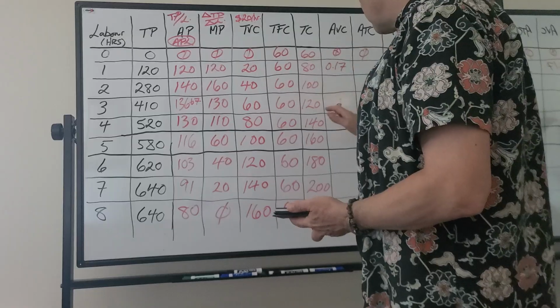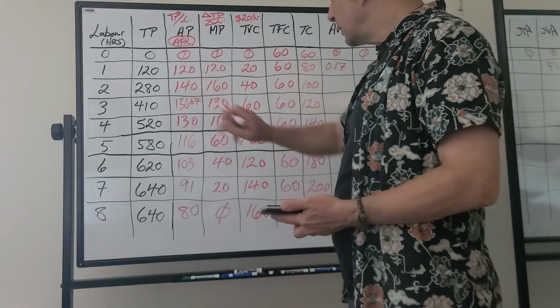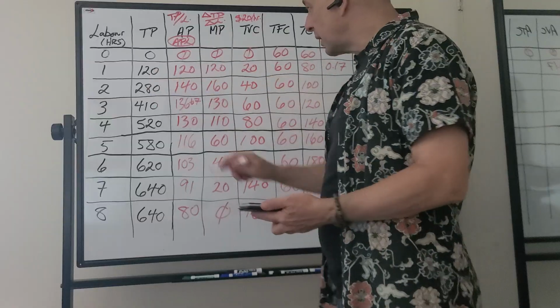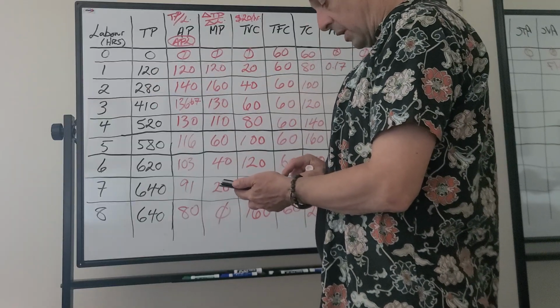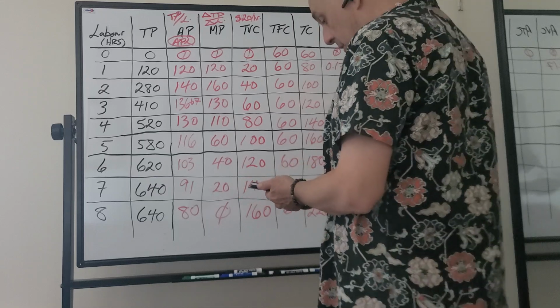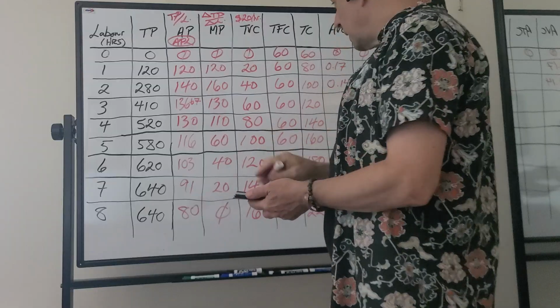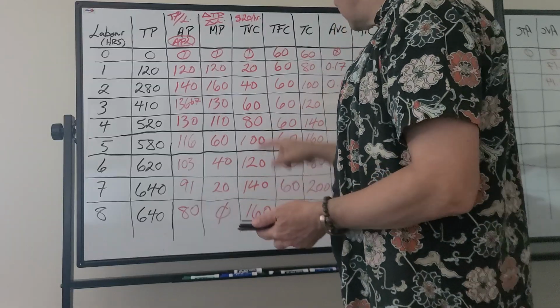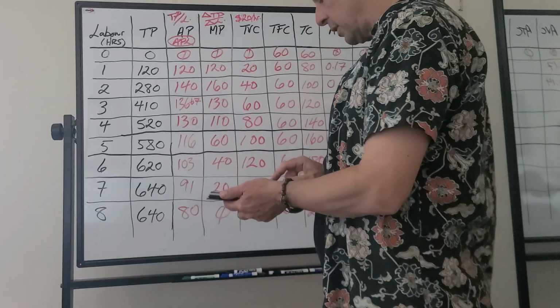Okay, so we're going to do the same here. Total variable cost of 40 divided by the total product of 280. So we've got 40 divided by 280 is about 0.14. And then we've got total variable cost of 60 divided by 410 items.